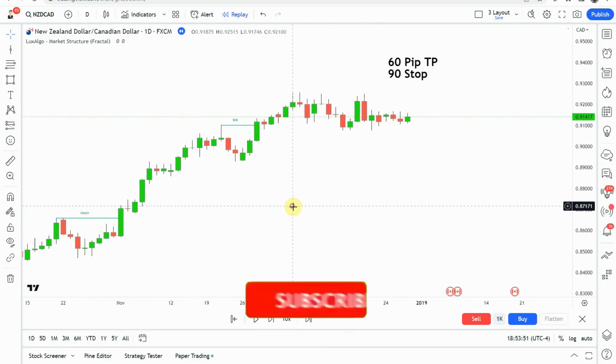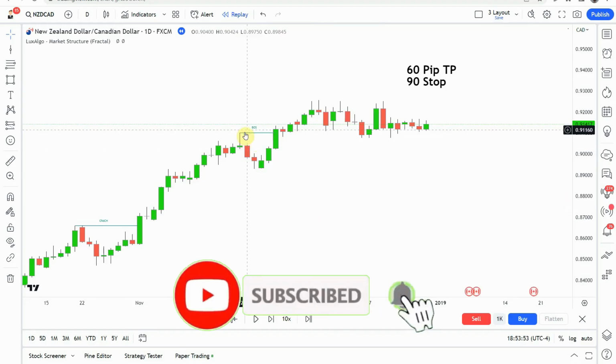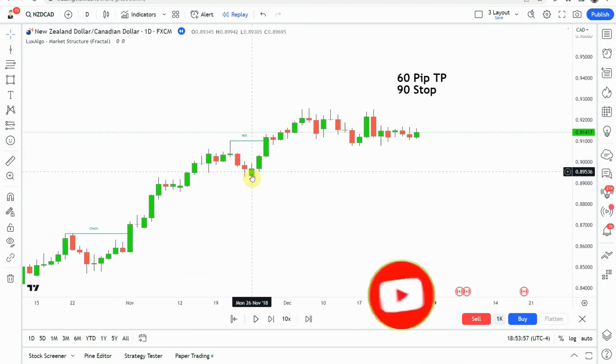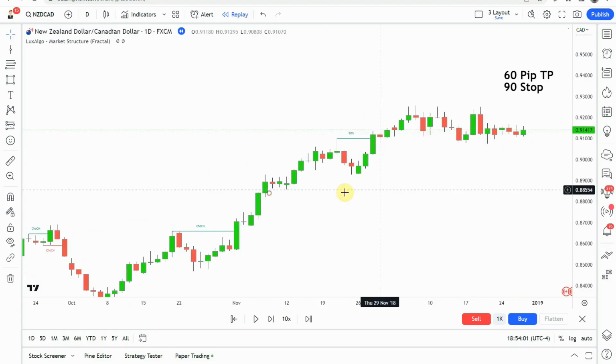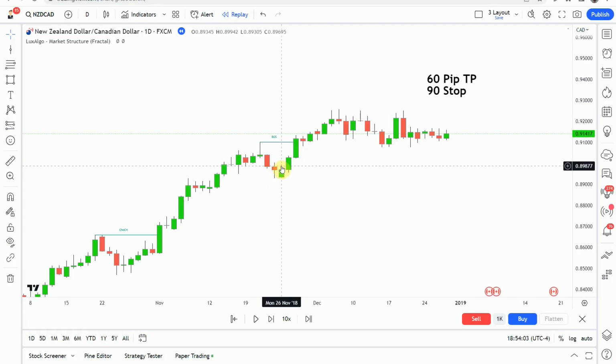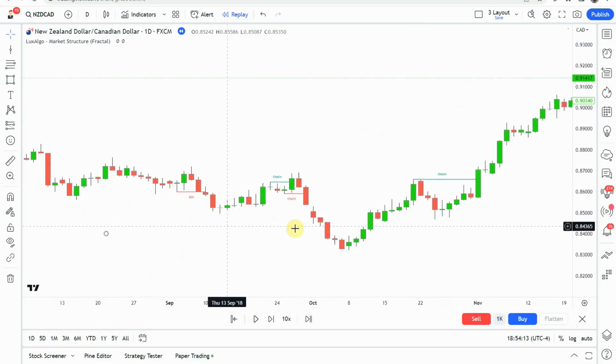What happens when one of these lines is formed is that price generally has broken and closed beyond that line. For a green line, generally price breaks and closes above that area, and then it gives that green line of structure.